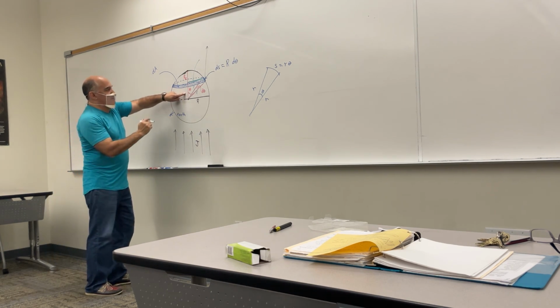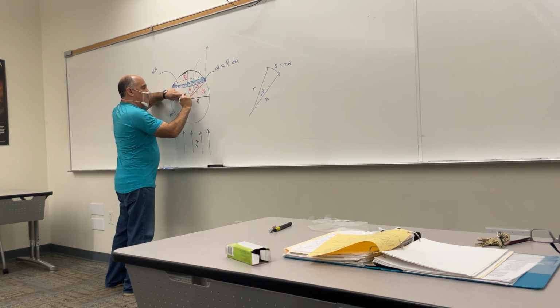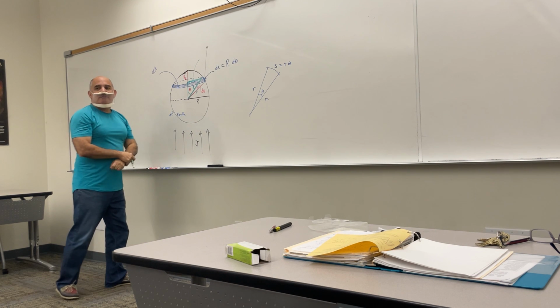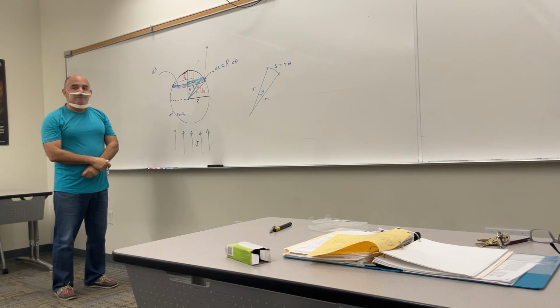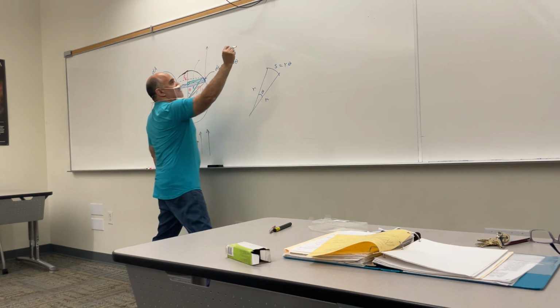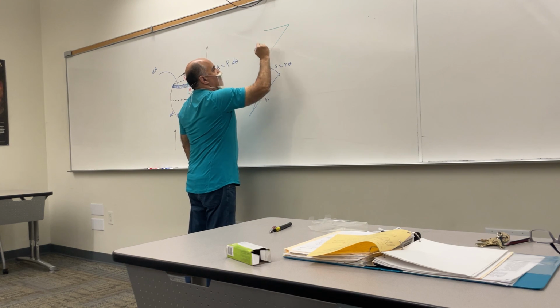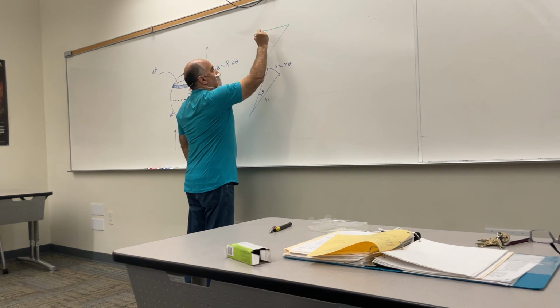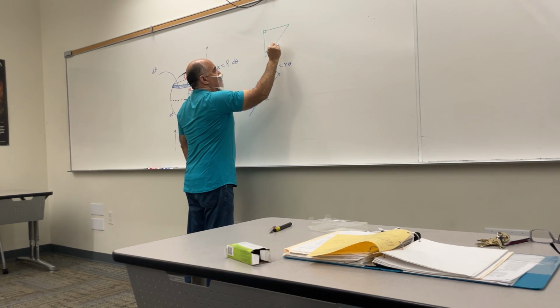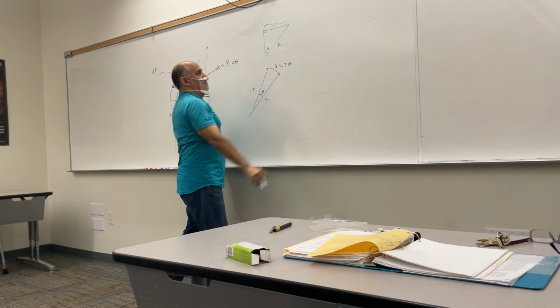Think of this triangle. This is R. That's 90 degrees. So what is this? And that's theta. I'm drawing this. What's that?